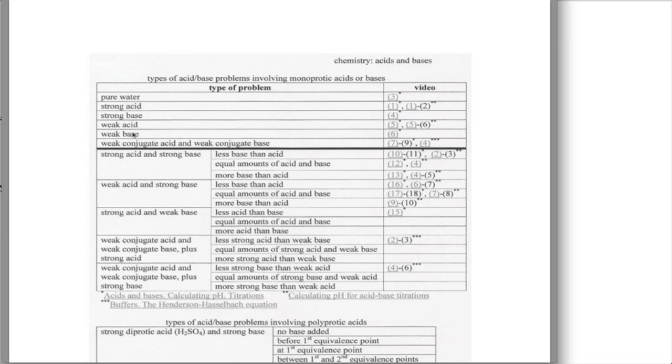This case you might cross out. I didn't see any examples of this in the lecture notes, so I skipped this. We didn't do the weak base case. And today we've been focusing on acids and their conjugates. That's when you use the Henderson-Hasselbalch equation. We won't have time to cover any of the more complicated situations down here, but we went over 5 of the 6 cases above the solid line. Hopefully that'll be good enough.